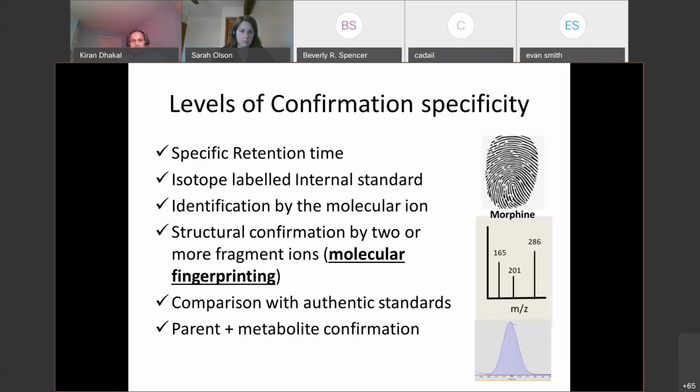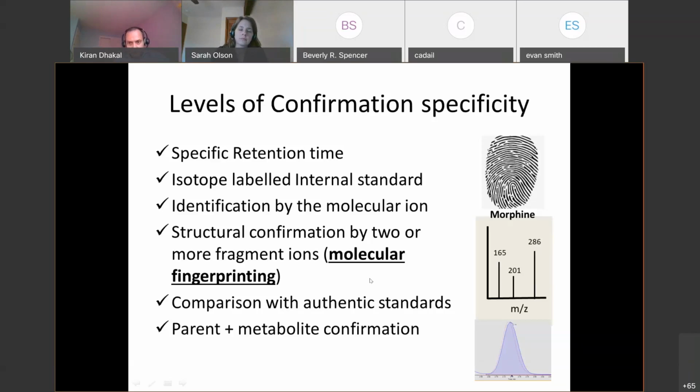And we identify the molecular ion by its mass to charge ratio. It's specific to that drug. So it's more specific. And the most important is we fragment that parent molecule into fragment ions, which gives a kind of fingerprinting, which is called molecular fingerprinting.